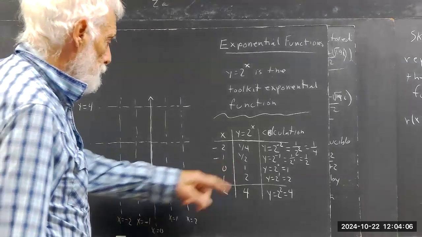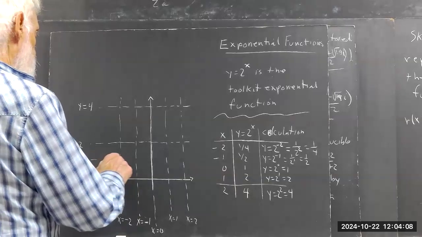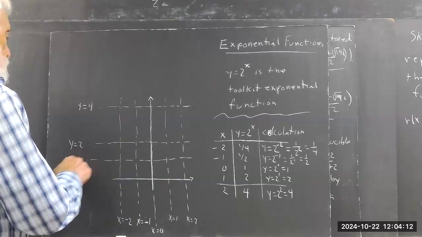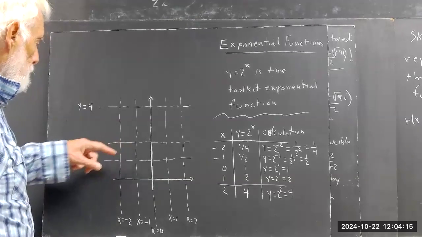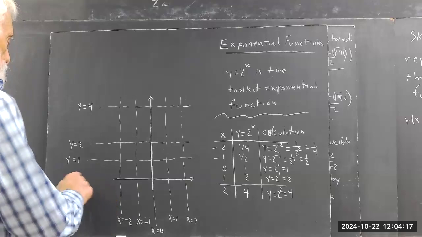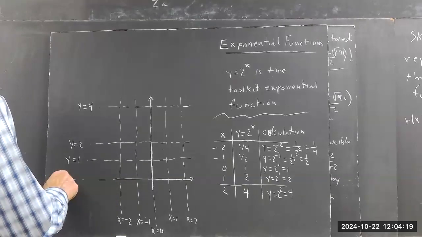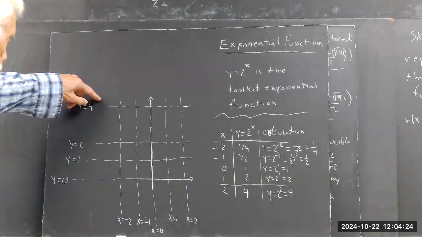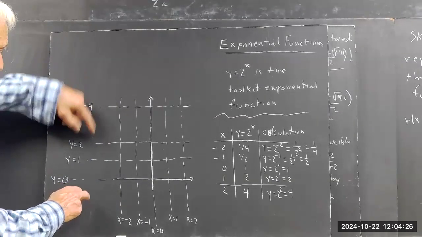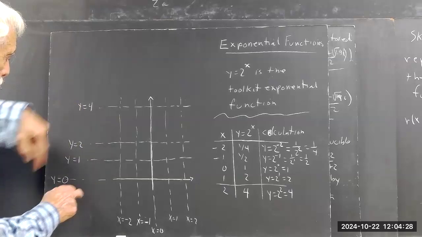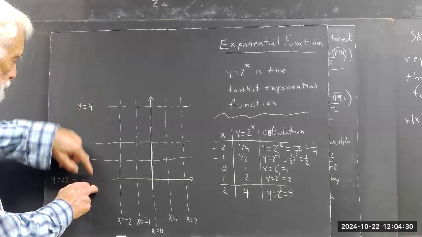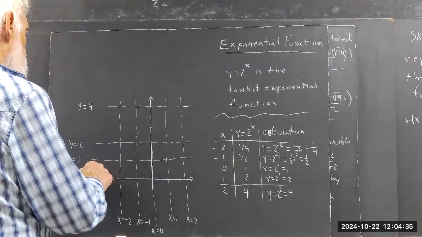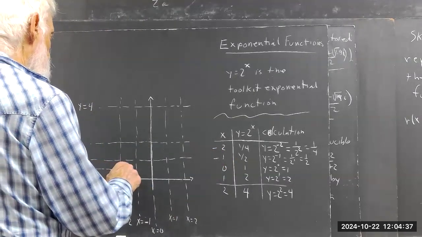And then 1 is half of 2, we're going to need a y equals 1 line, which is halfway between 2 and 0, because of course the x-axis is the y equals 0 line. So we've got 4 up here. We've got 2, which is twice as close to 0 as 4. We've got 1, which is twice as close to 0 as 2. And now we've got to have 1/2 and 1/4. We've got to go twice as close to 0 here.